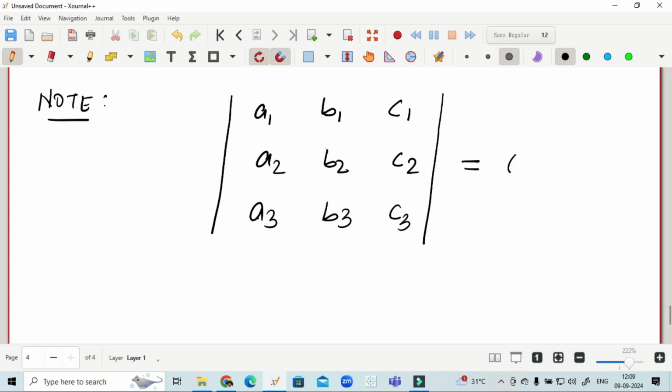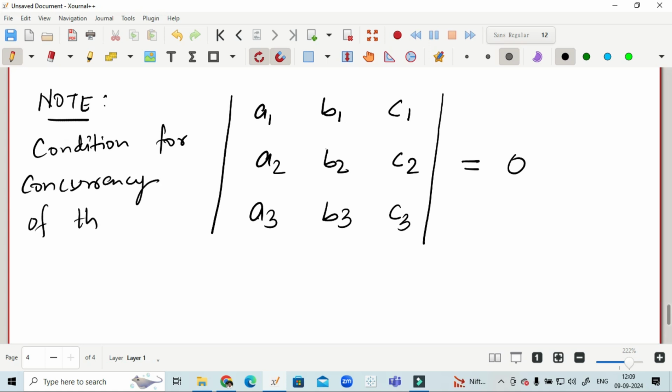This is equal to 0. So this is the condition for concurrency of three lines. You will be learning about this part in the second year, in senior intermediate. As of now, you just understand that the determinant is 0.